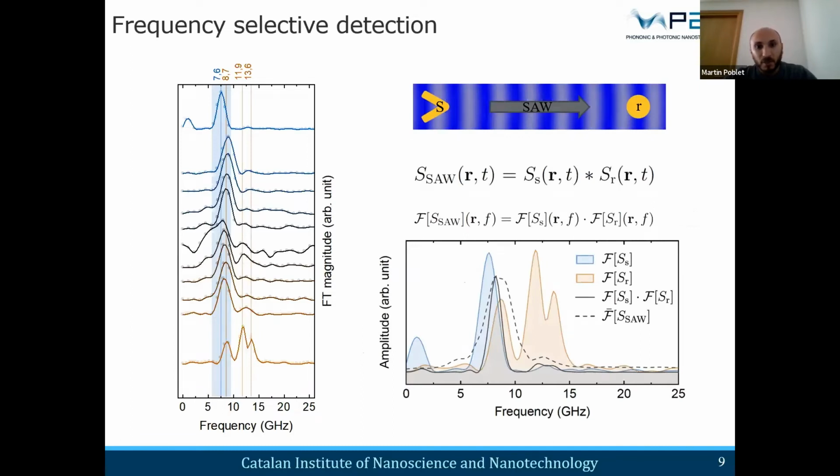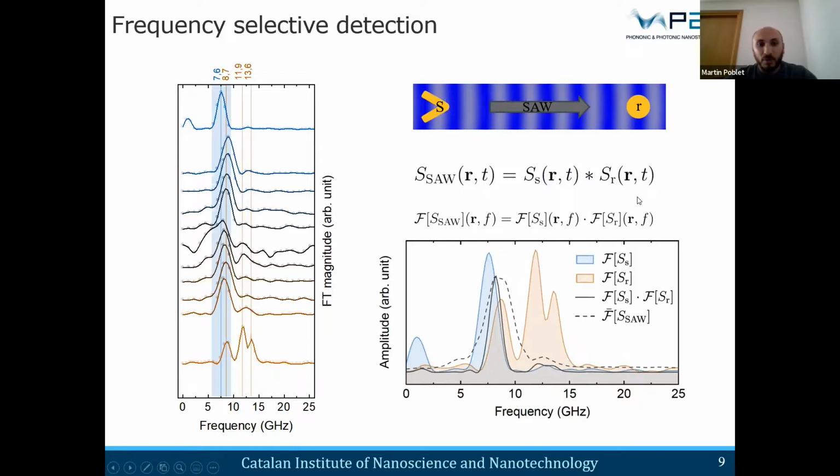So assuming the hypothesis that the spectrum of the surface acoustic waves is equal to the one of the source antenna, then we proposed that the spectrum of the disk due to the acoustic perturbations will not only depend on the source antenna, but also will depend on the detector. So it will be a convolution between the spectrum of the source and the receptor.